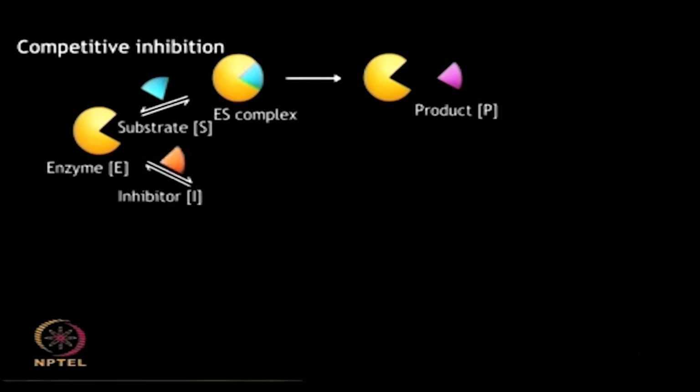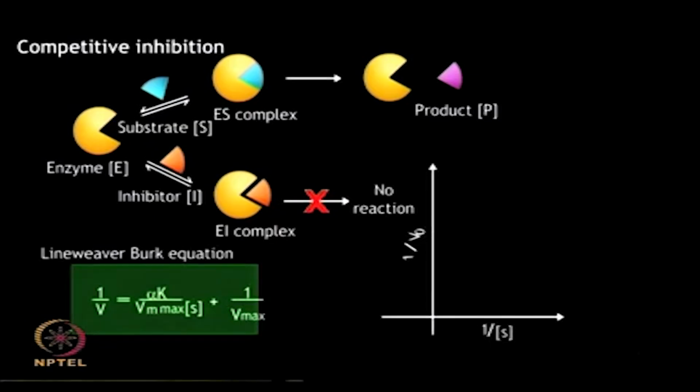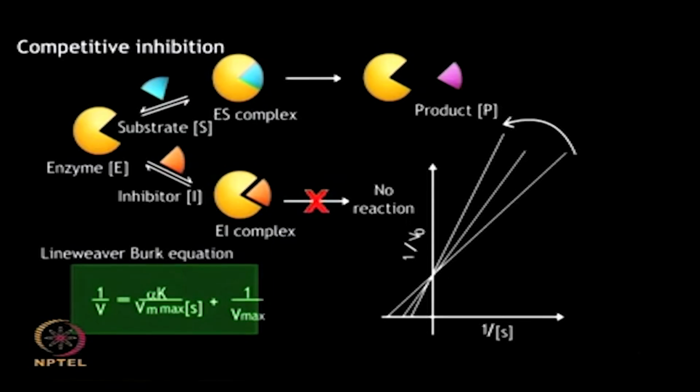The Vmax in this type of inhibition remains the same and only Km is altered. The competitive inhibition can be overcome by suitably increasing the substrate concentration, which allows the substrate to outcompete the inhibitor for the enzyme's active site.